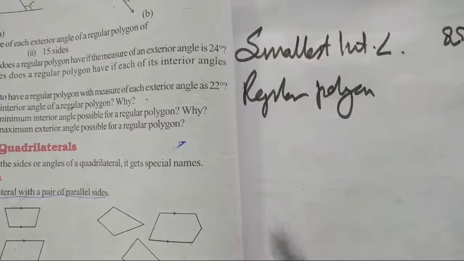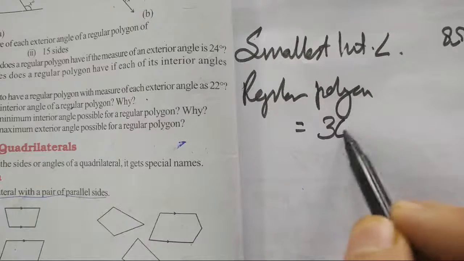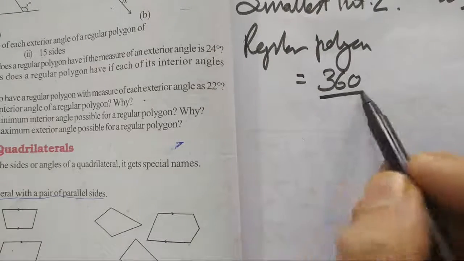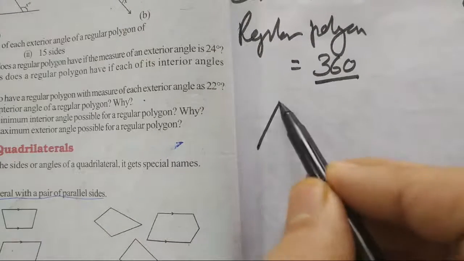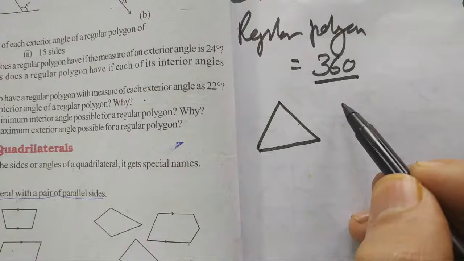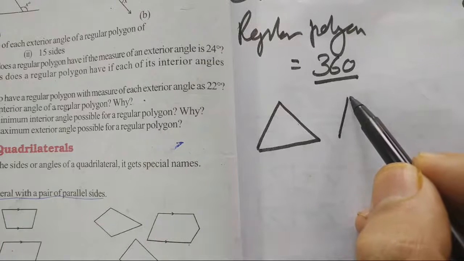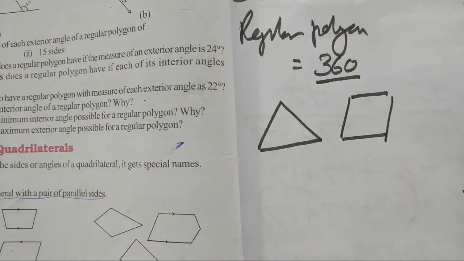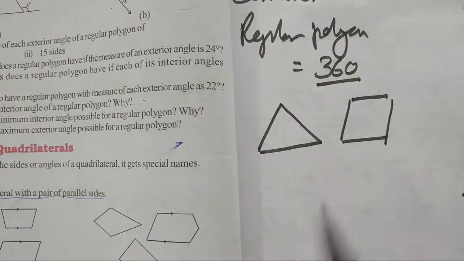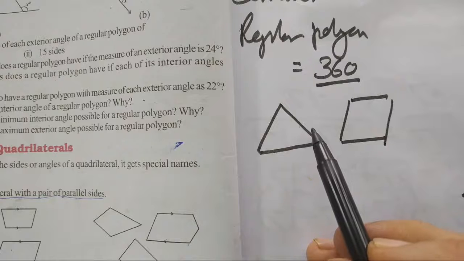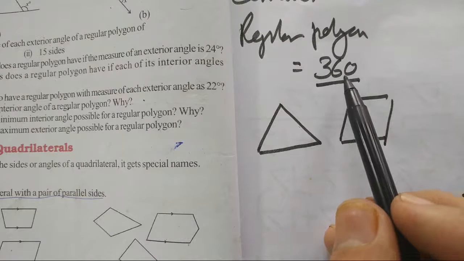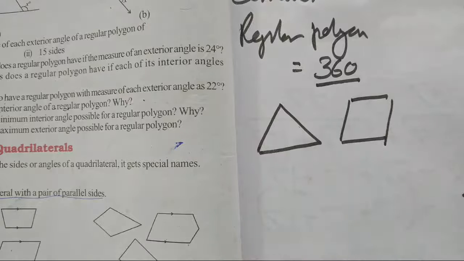If we have a regular polygon, then 360 should be divisible by its exterior angle, and every regular polygon should start from 60. What is the reason? The reason will be if you are dividing 360 by 60.